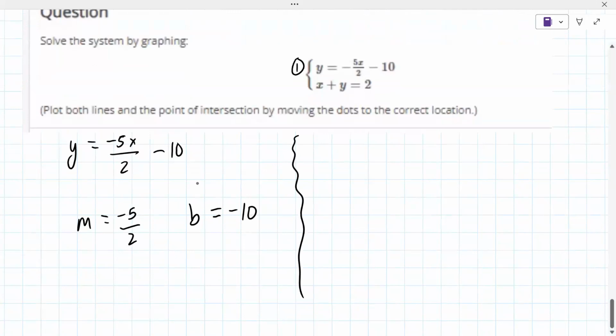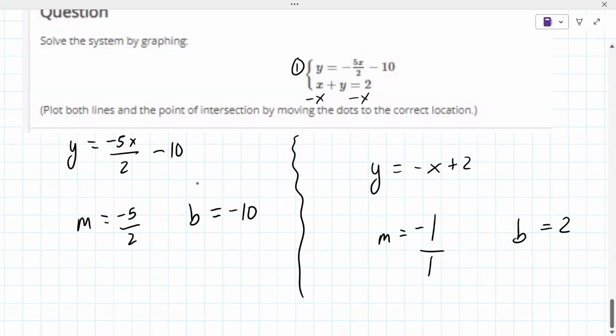And then the second equation, if we solve it for y, we get y equals minus x plus 2. What is the slope of this one? -1/1. Okay. And the b value will be 2. Very good.